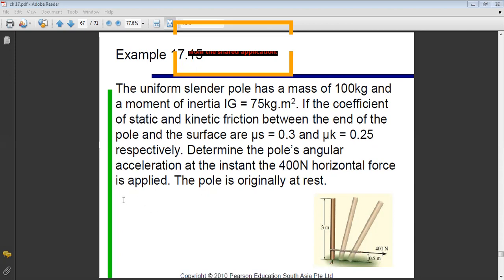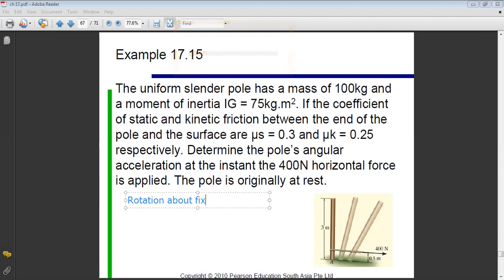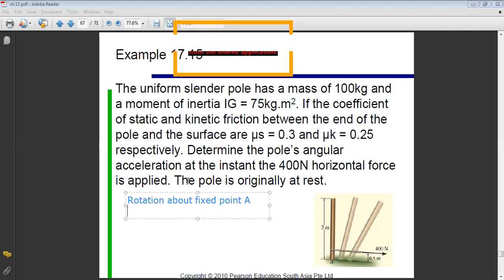The second possibility is what? Rotation about a fixed point. What will be the fixed point? A. Yes, of course, about A. So if I have rotation about A, what is the condition to have rotation about A as a fixed point?